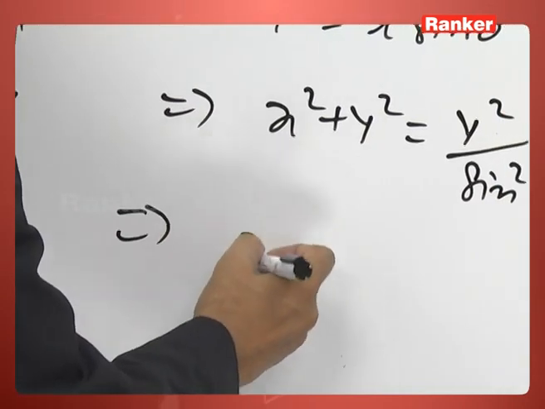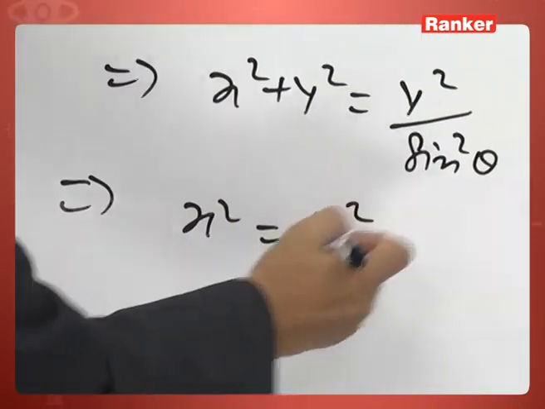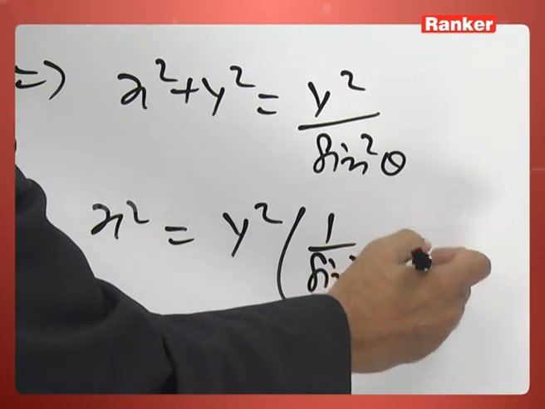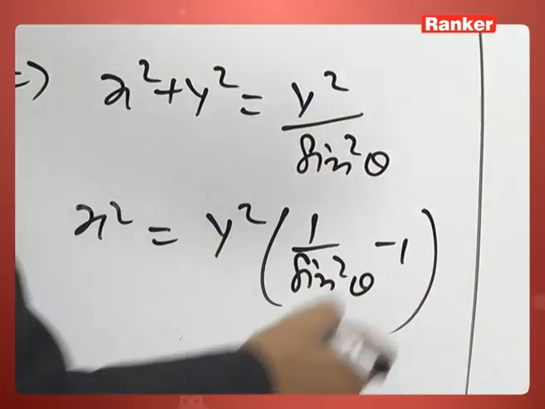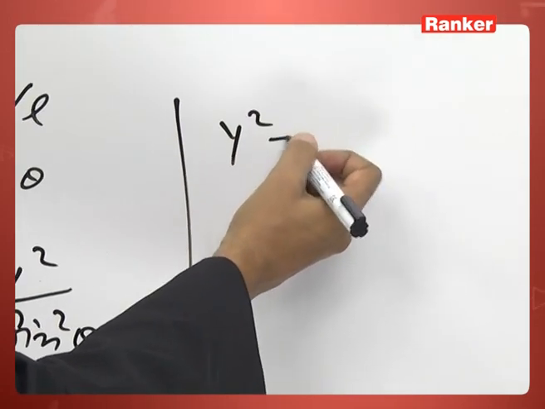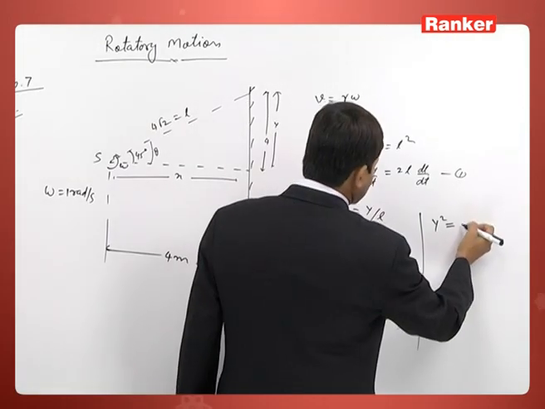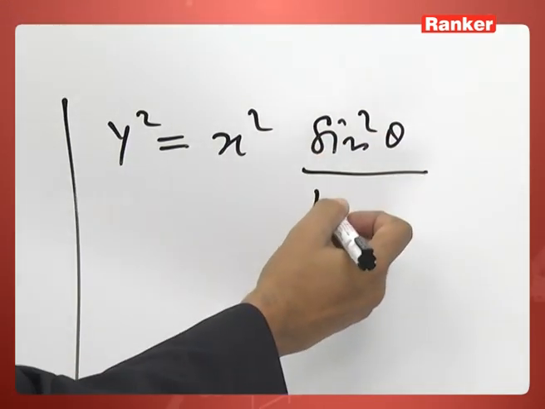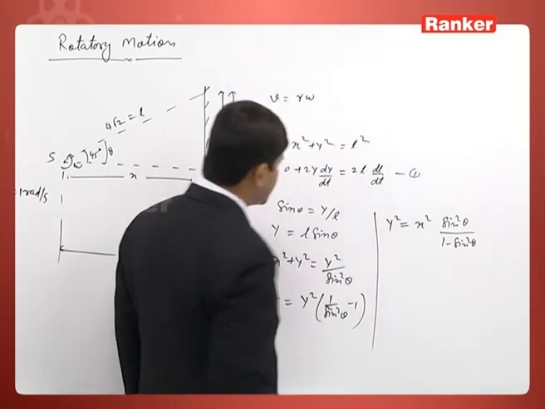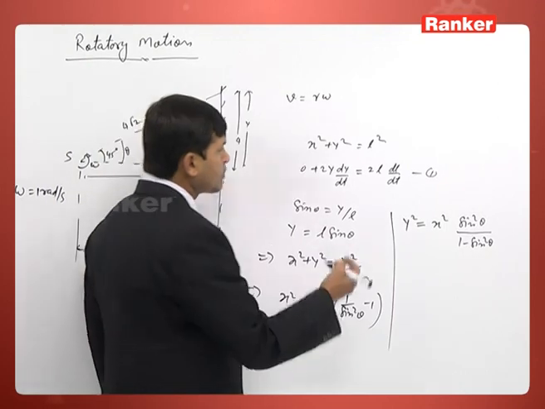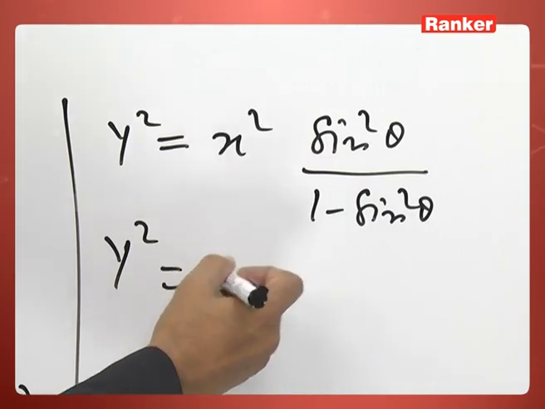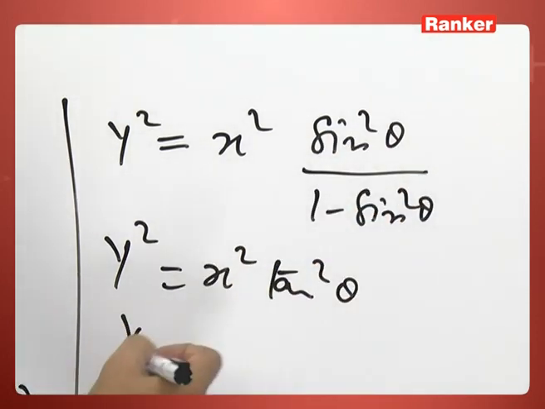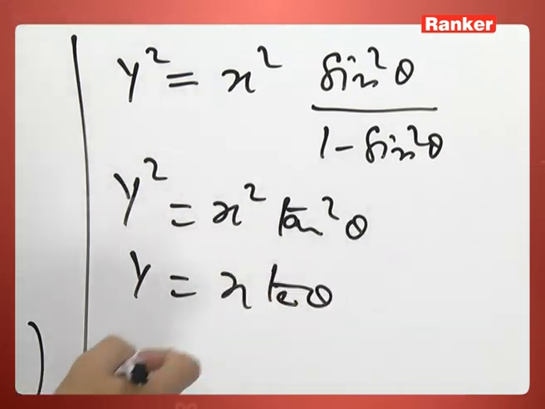Now x square is equal to y square (1 by sin square theta minus 1). From here we can say y square is equal to x square sin square theta by 1 minus sin square theta, and 1 minus sin square theta means cos square theta. So y square is x square tan square theta, so y is equal to x tan theta.